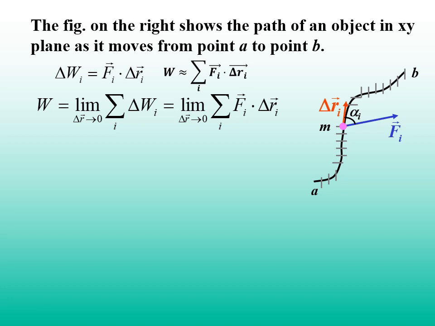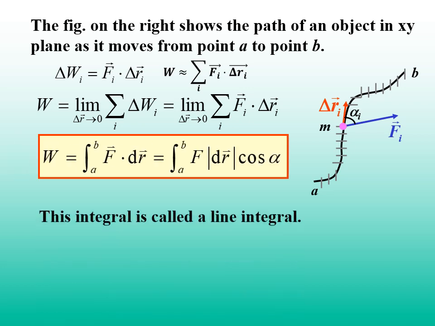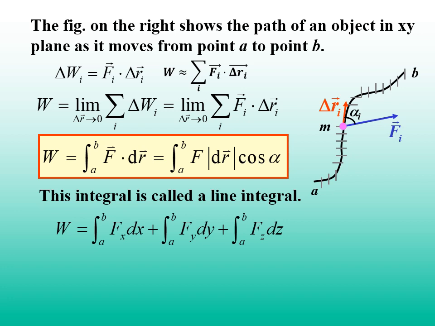For the common expression, we have W equals integral of Fx dx from a to b plus integral of Fy dy from a to b plus integral of Fz dz from a to b.